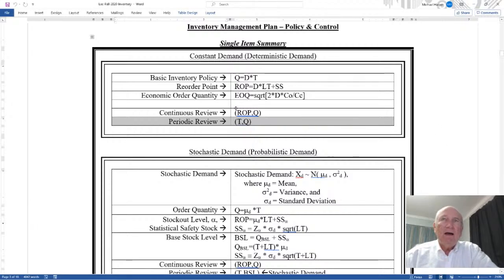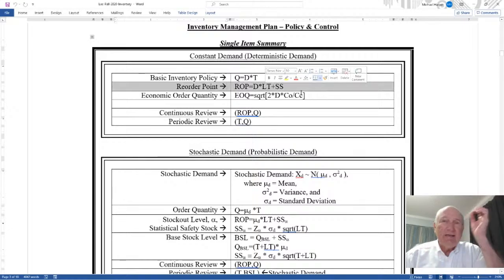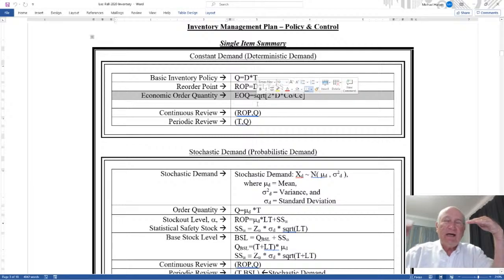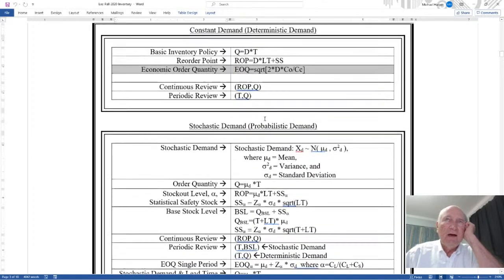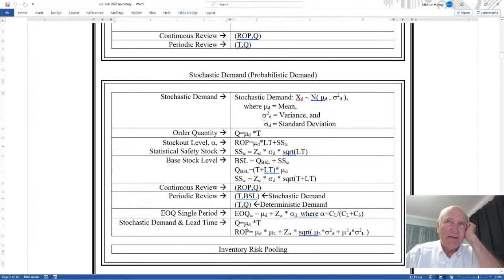Okay. And then the ROP is how you calculate that level. EOQ is how to find a lot size to minimize cost. So there you have your timing and ROP and T, and the lot size Q or EOQ. Okay. Then we're going to move to stochastic demand. Stochastic demand is where your demand, say X, is a normally distributed random variable.